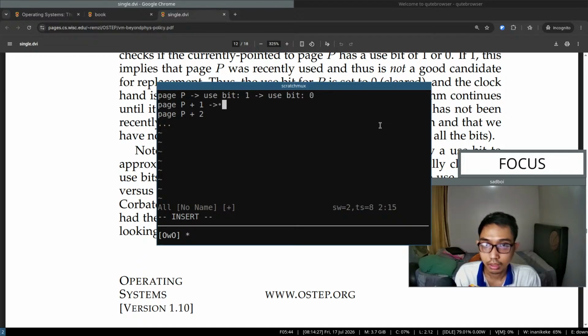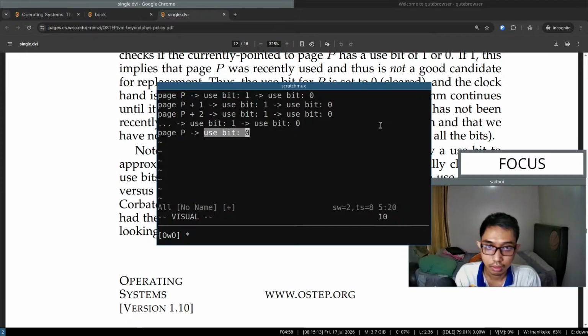Everything has the use bit 1, and then we clear that out, and then we are going back to page P again, which has use bit 0 from this process.